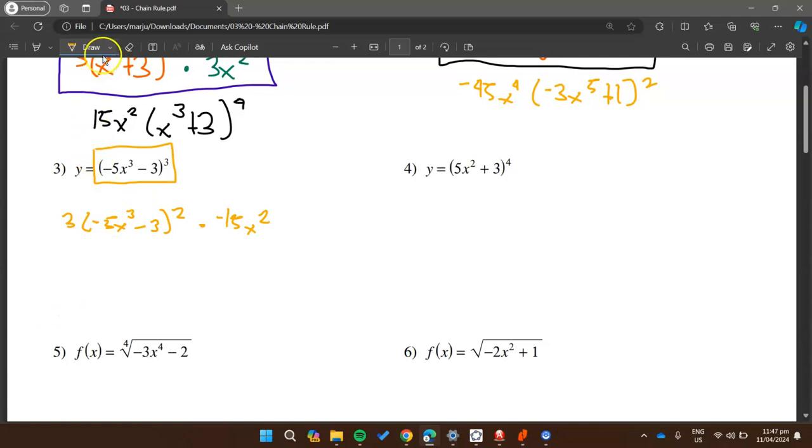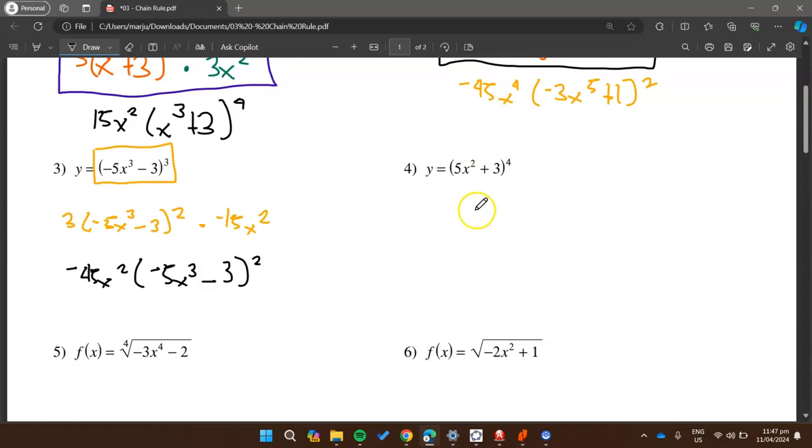So our answer for number 3 will be negative 45x squared times negative 5x cubed minus 3 squared.